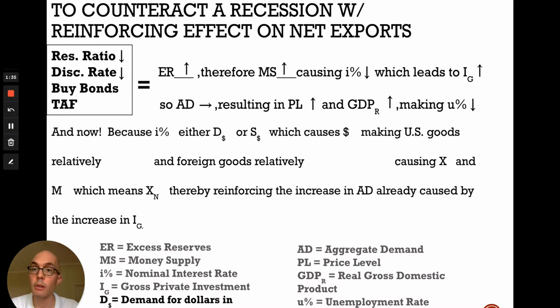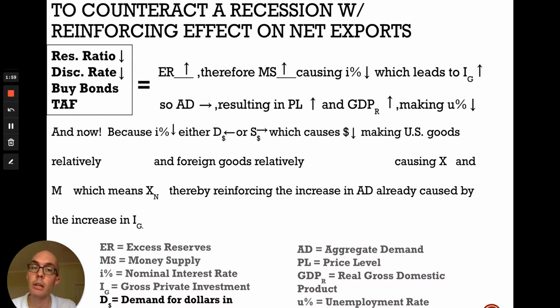And now it gets more interesting because the nominal interest rate has gone down. We probably see a decrease in dollar demand because there are fewer investors who want to come and invest in our country because the interest rate is now lower. They could probably make more money other places. Or the supply of dollars increases, shifts to the right, because those investors in the U.S. with dollars now want to go to other places that have higher interest rates.